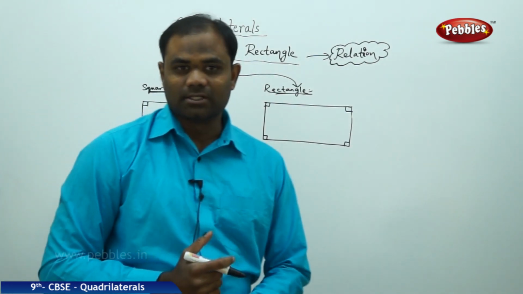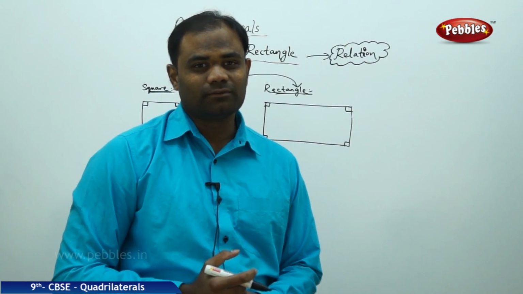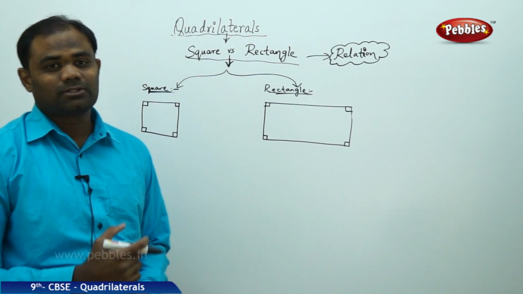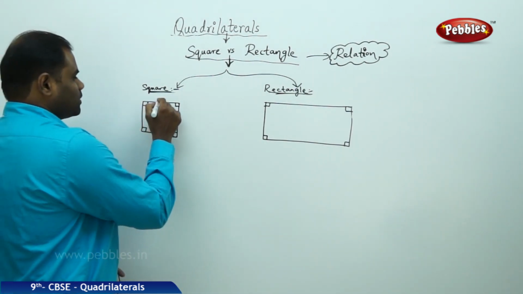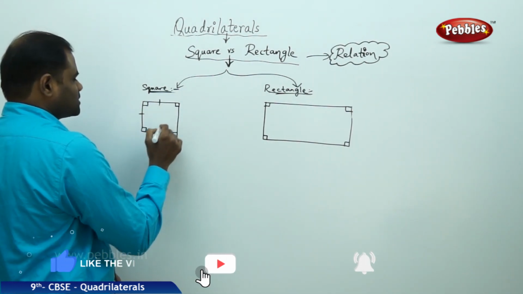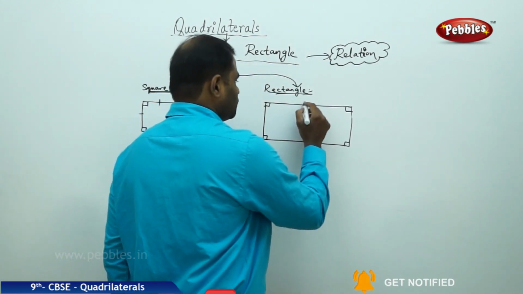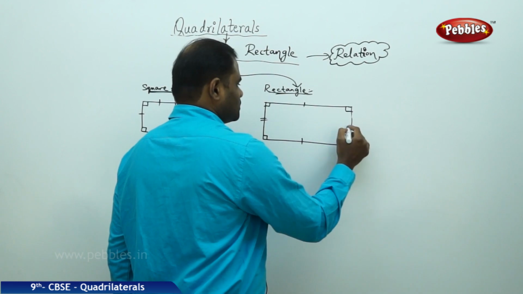So in both the cases, each angle of a square and a rectangle is 90 degrees. Coming to the second property, I see that in a square, all sides are equal, but in a rectangle, opposite sides are equal.